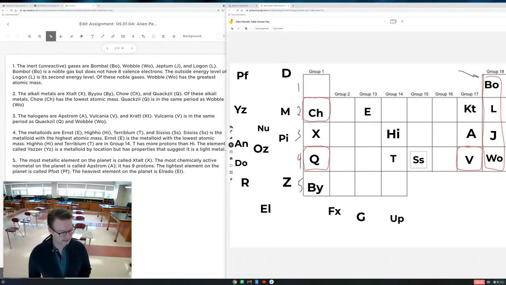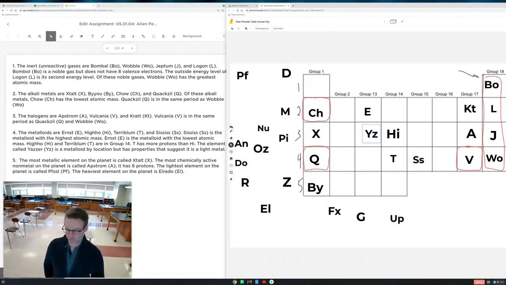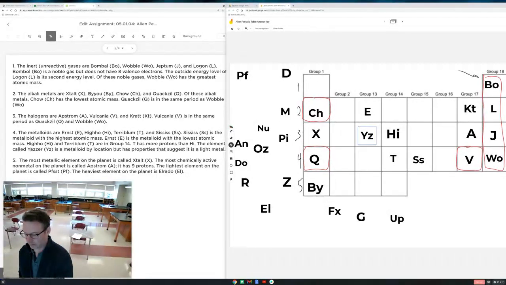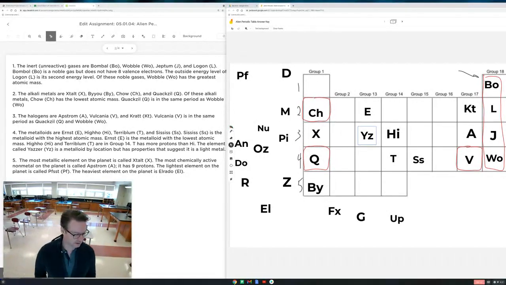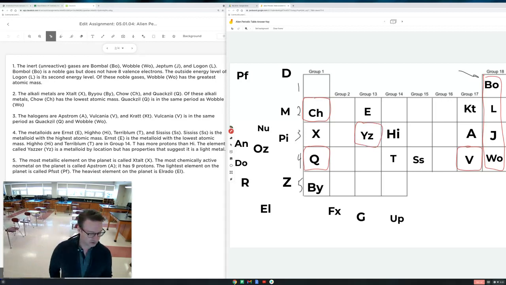And then it says YZ is a metalloid by location, but has properties of a metal. So if you look at this staircase going down, the one that doesn't quite fit is aluminum, which is this element right here. So I'm going to put YZ there and mark that as being in the right spot, and then I'm going to look at the rest.